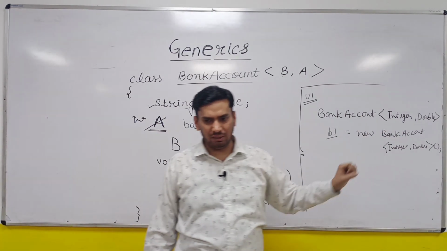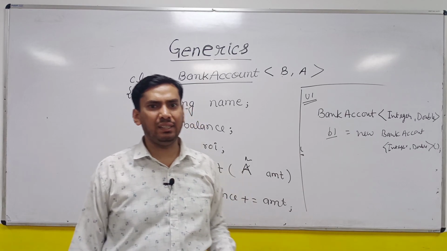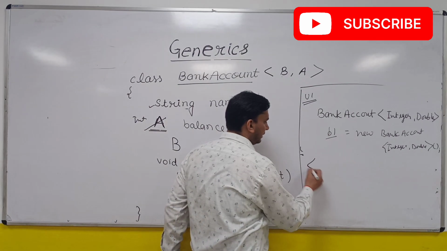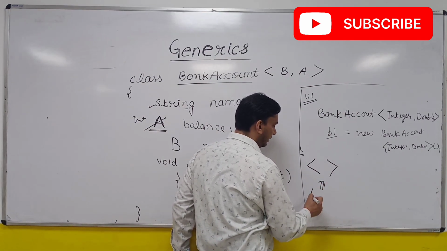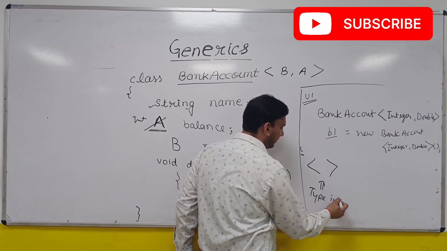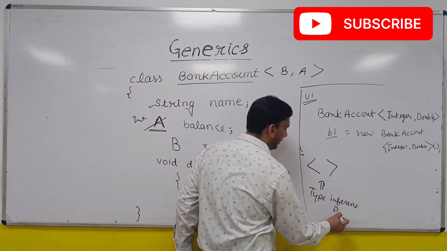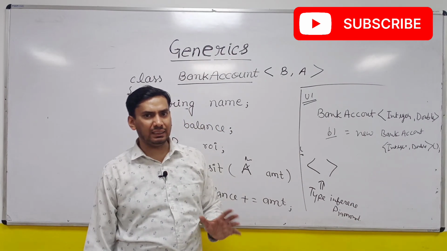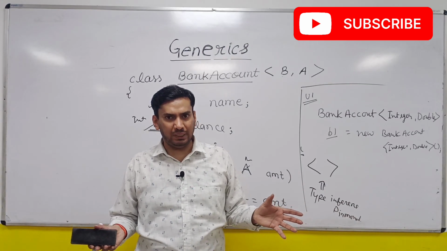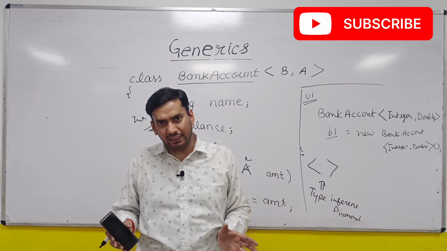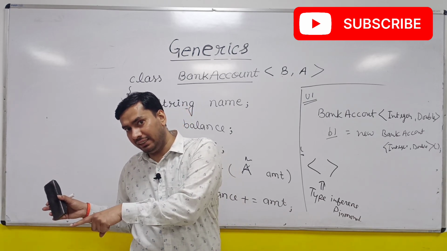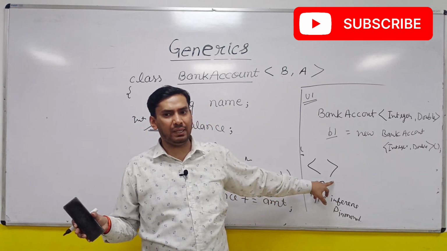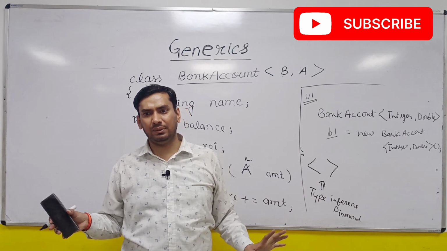So later on, I think with JDK 1.7, this restriction has been removed, and you have got the concept of this. This is called type inference diamond. What is type inference diamond? Type inference diamond says that while creating the object, if you have already written the type parameters on the left side, then on the right side you can write only the angular brackets without mentioning the types.